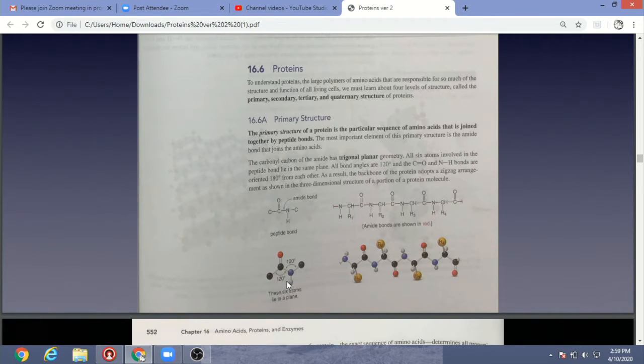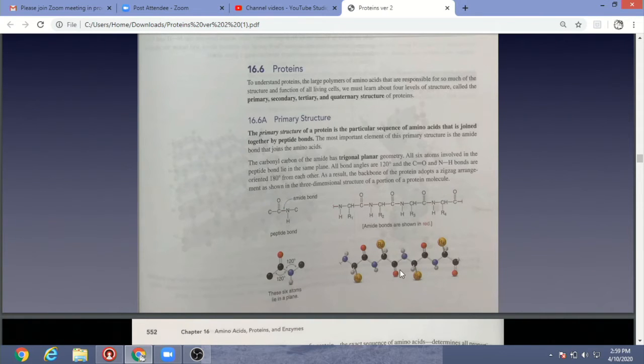Okay, so all six of the atoms involved in this peptide bond, 1, 2, 3, 4, 5, 6 atoms, are participating in bonds and they're all lying in the same plane, all right? As a result, the backbone of a protein adopts this zigzag arrangement here. And from far away, it just looks like a long straight line of amino acid after amino acid.